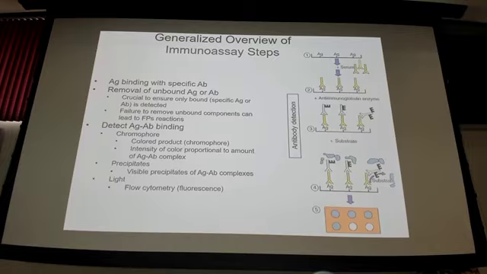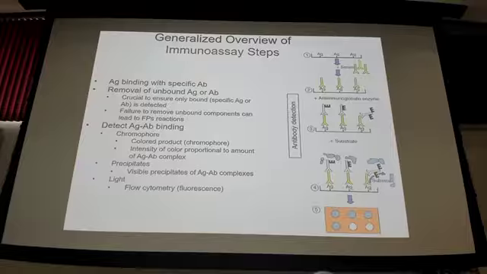Then you take that patient's serum and add it to the plate. If the patient has antibody in their serum, the antibody should bind to the antigen that is adhering to that plate. And if you rinse it away, that antibody should remain bound to antigen.